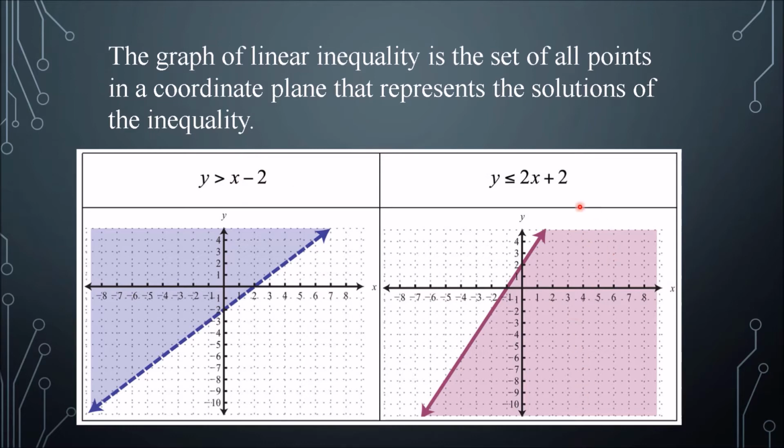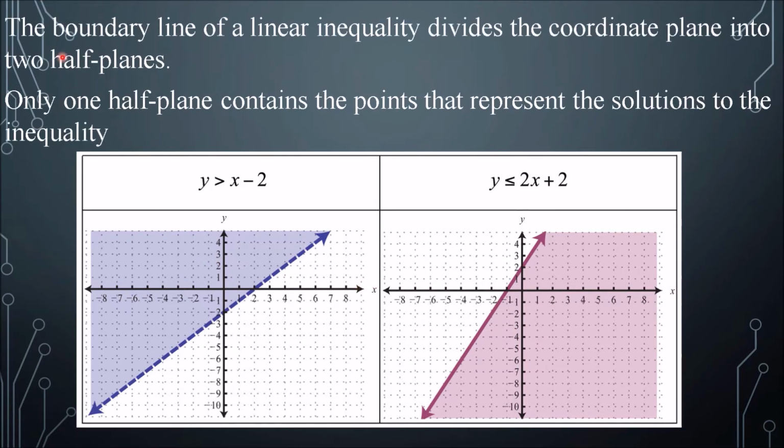Next, on this side, this shaded part is the solution set of this inequality. All the points here will satisfy this inequality. Meaning, when we pick one point (x, y) and substitute it in our inequality, it will satisfy the inequality.